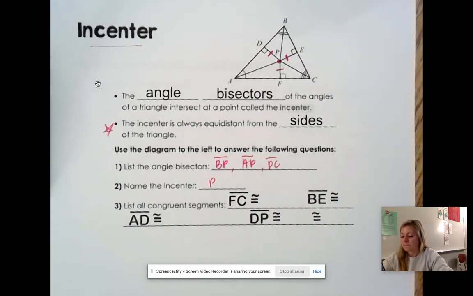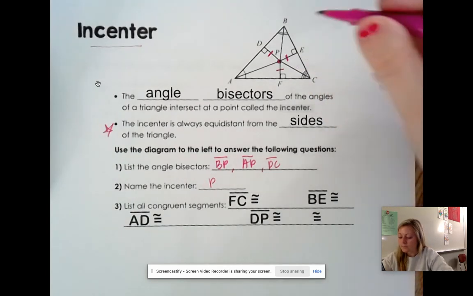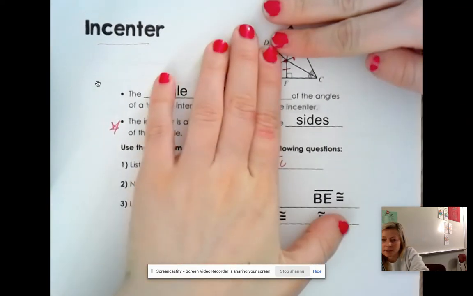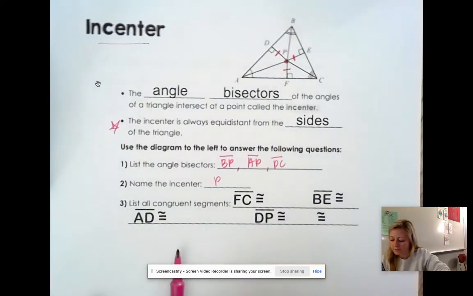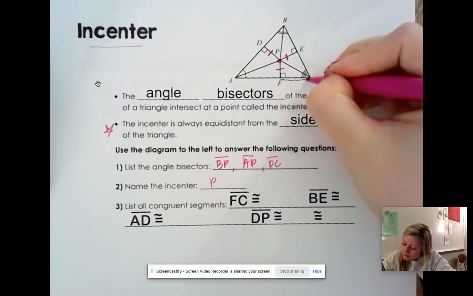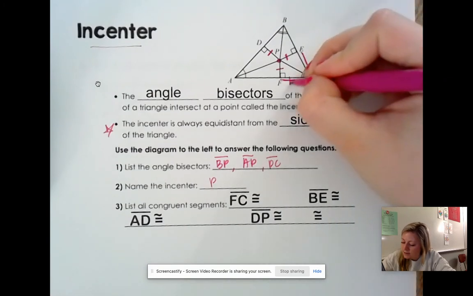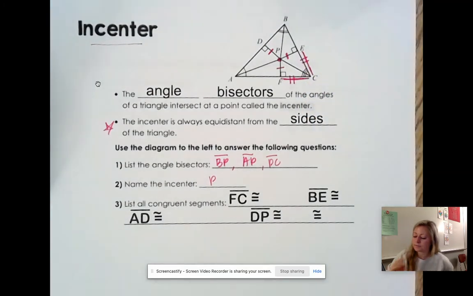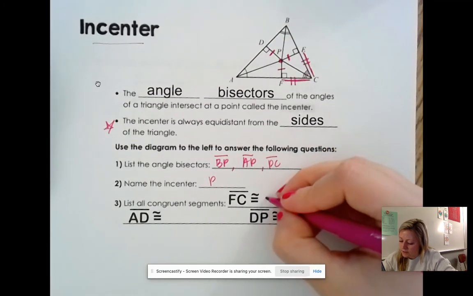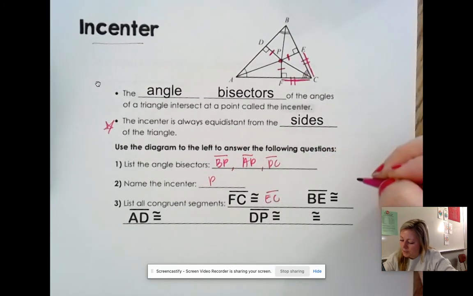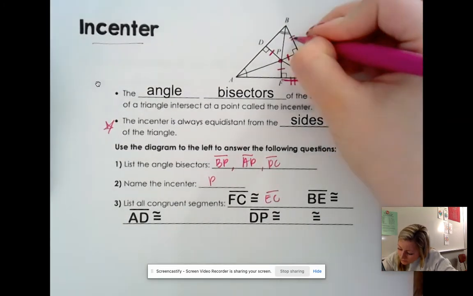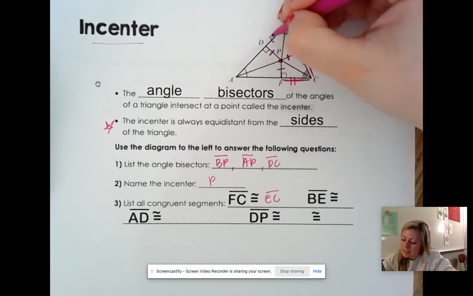So remember, our pictures were kind of given like parts of our triangle like this. So FC right here, you guys, is really the same as EC. So you can put 2 little tick marks there. So FC is congruent to EC. BE, 1, 2, 3, is congruent to DB.